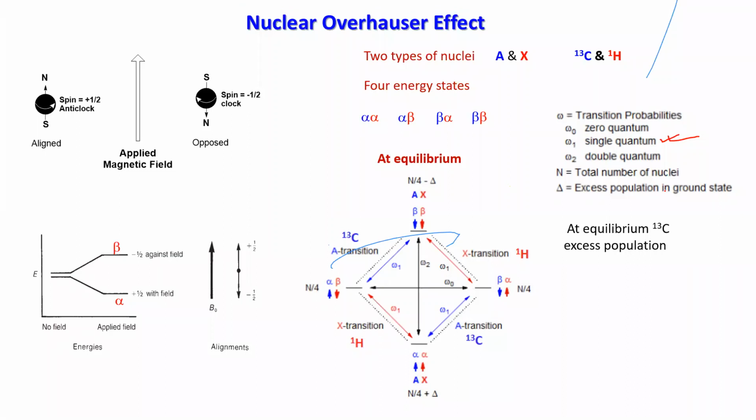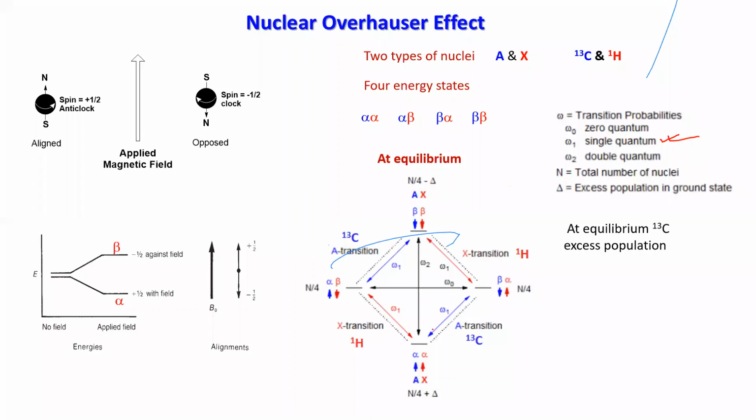But when you have relaxation, that can take any route. When the nuclei jump to the higher energy state, they involve single quantum transition.